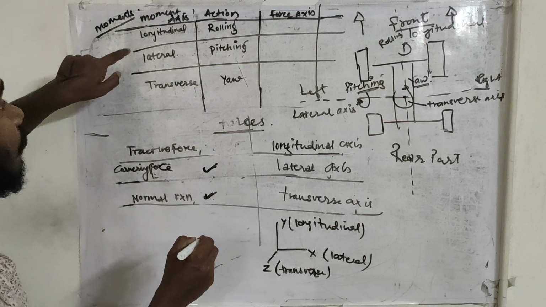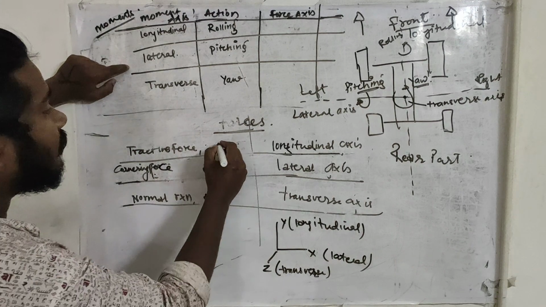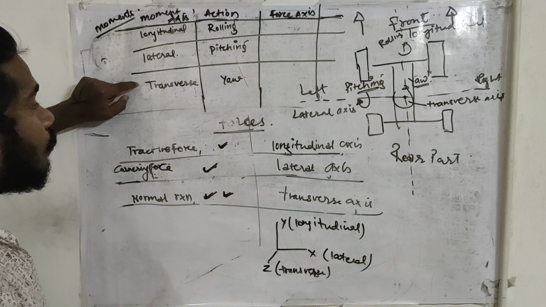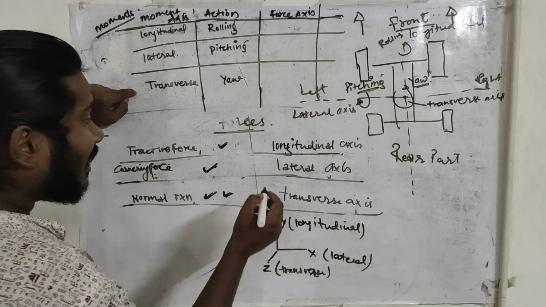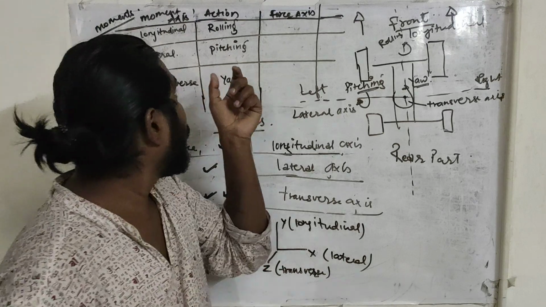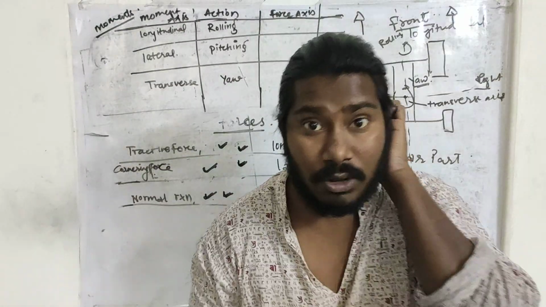When I talk about the movement along the lateral axis, it's because of the longitudinal axis and the transverse axis. And when I talk about the movement along the transverse axis, it's about the lateral axis and the longitudinal axis.